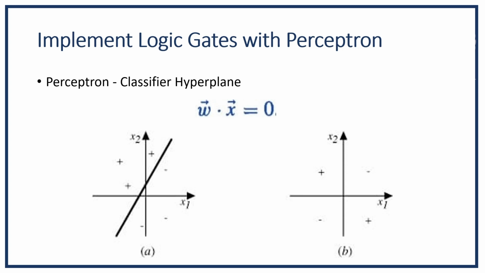Diagram A is a set of training examples and the decision surface of a perceptron that classifies them correctly, whereas diagram B is a set of training examples that are not linearly separable, that is, they cannot be correctly classified by any straight line. X1 and X2 here are the perceptron inputs.